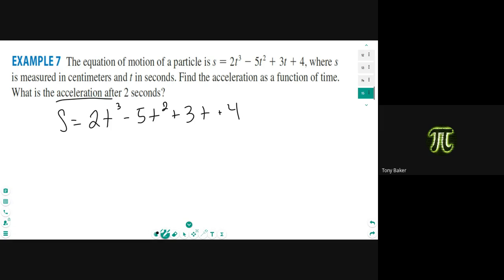That's slope, but what would we call that? That's velocity, so velocity is your first derivative. What would be acceleration then? Acceleration is your second derivative. So find me the second derivative of that.